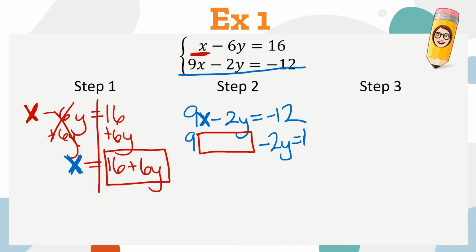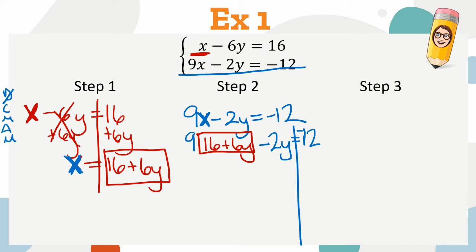Do you see that connection there? Inside that box, I'm going to write my expression, my 16 plus 6y. That's what's new. That's the substitution piece. From here, we're just solving a good old equation. We're going to use my little acronym. You can see my other videos for Don't Call Me After Midnight.